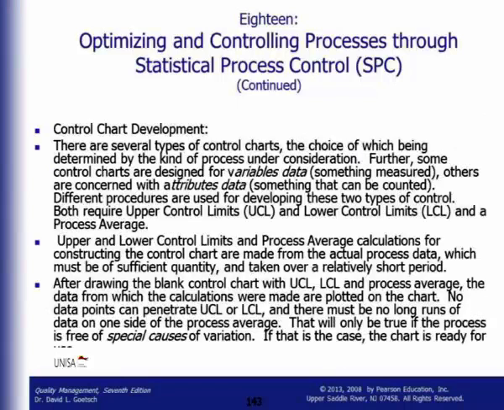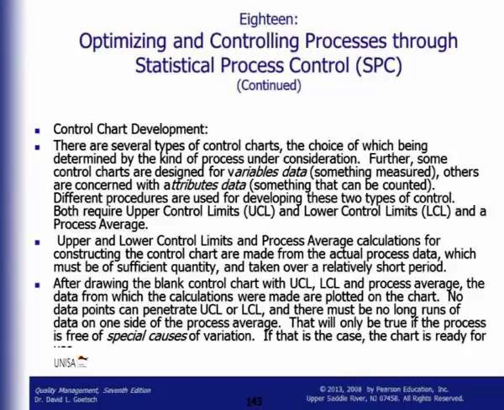We have control chart development. There are several types of control charts, the choice of which is determined by the kind of process under consideration. Further, some control charts are designed for variables, something measured. Others are concerned with attributes, something that can be counted. Different procedures are used for developing these two control charts.